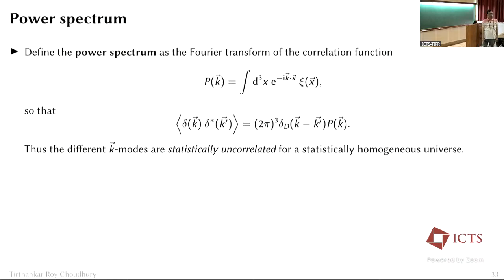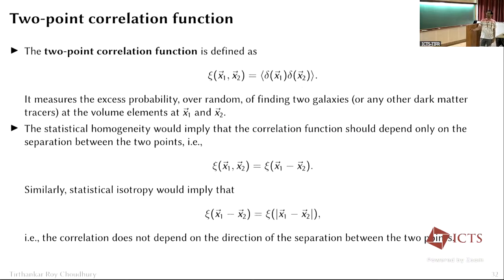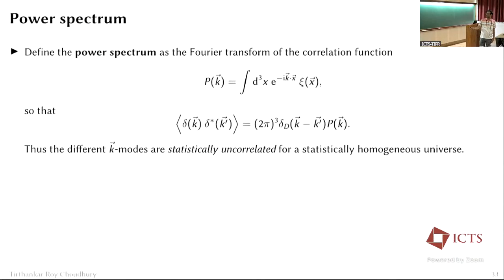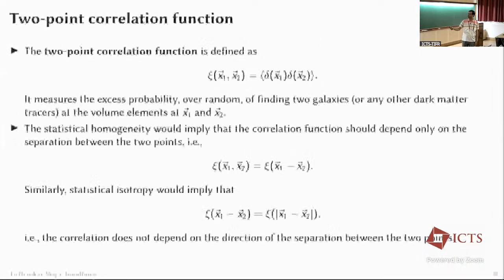Now the power spectrum, which I have talked about, but now I will define it slightly more rigorously. The power spectrum, you can define as the Fourier transform of the correlation function. Now you know that the correlation function is defined in this way. So what you can do is put in the definition of the correlation function using this formula. Then you can go to Fourier space.